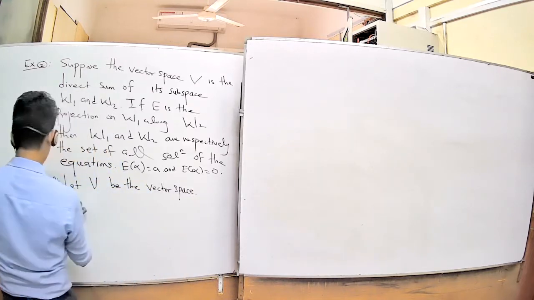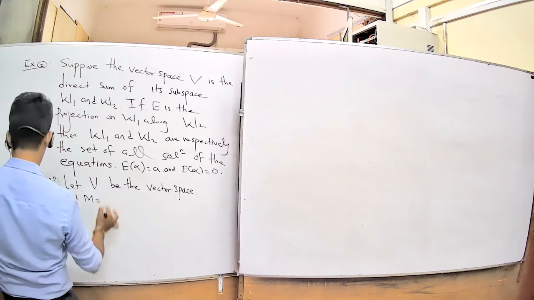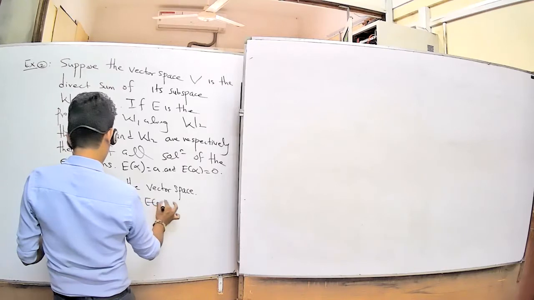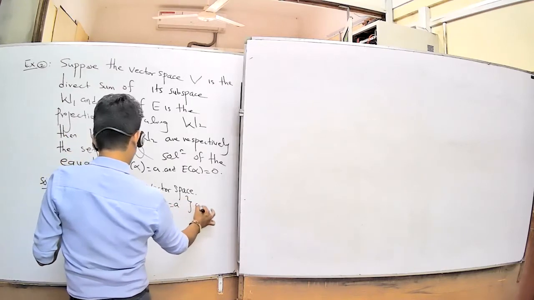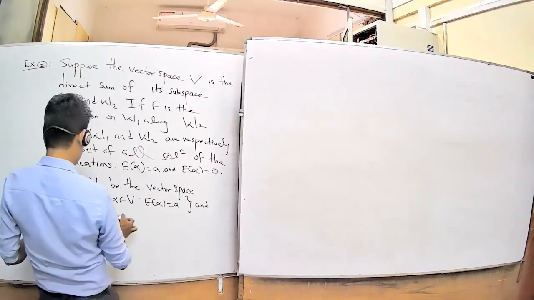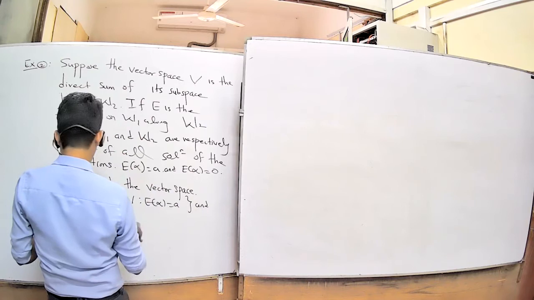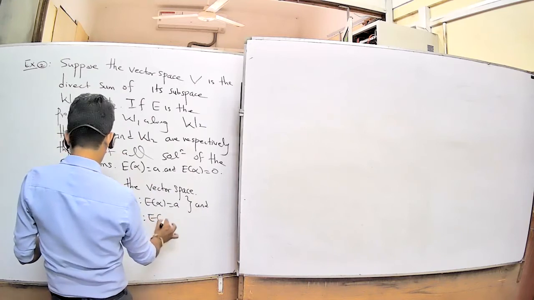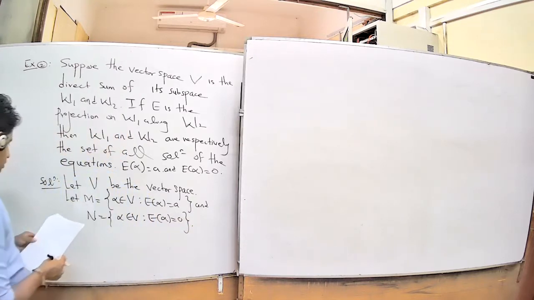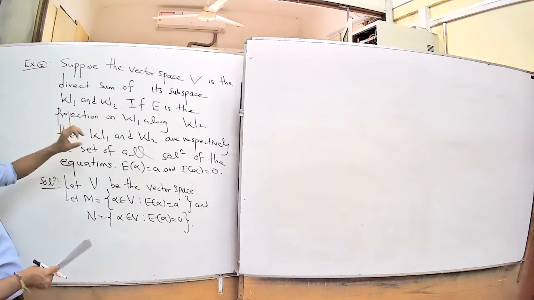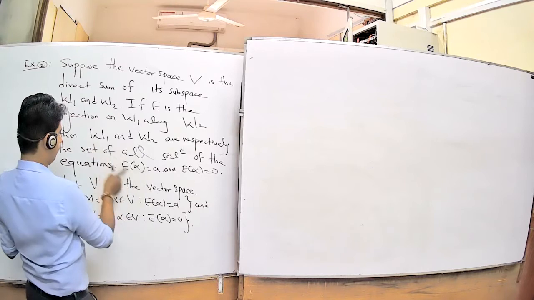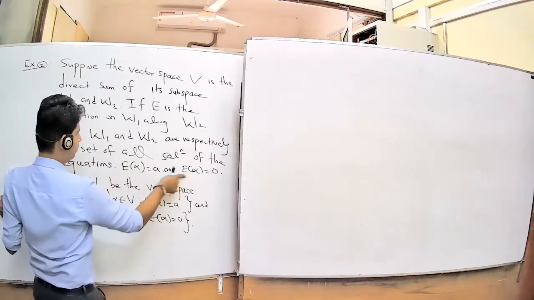Let M be the set of alpha belonging to V such that E alpha equals alpha, and N another set of alpha belonging to V such that E alpha equals 0. Now you want to prove that W1 and W2 are respectively the set of all solutions of these. We consider this set for W1, and this set for W2.